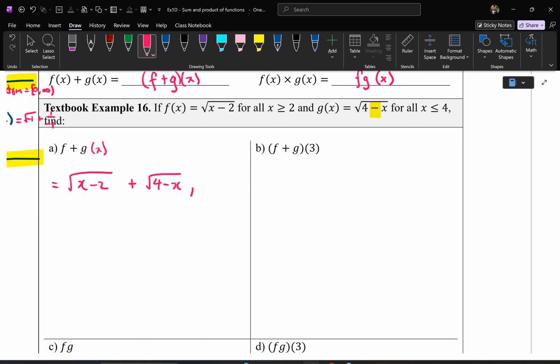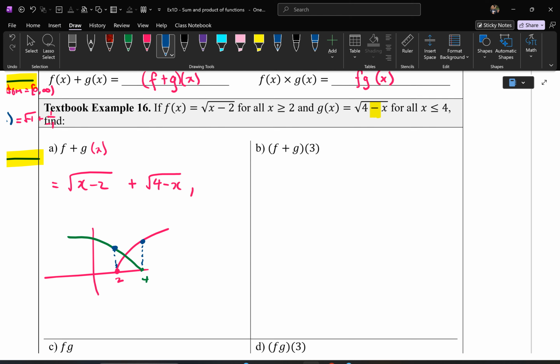2 to 4. And if that's something you struggle with, you can visualize it, draw it. So this was from 2 onwards. That's f. g was less than or equal to 4. The only time that you can even add the y values has to be limited to 2 to 4.